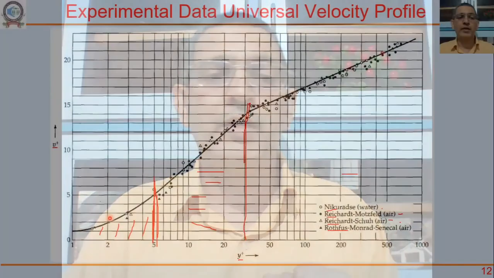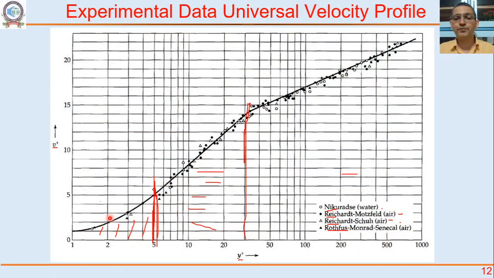That's the beauty of microscopic balances. That's the power of Navier-Stokes equations. That's the power of modeling turbulent flows. We can predict everything that we want. Next class, I will show you some more examples of what I really mean.